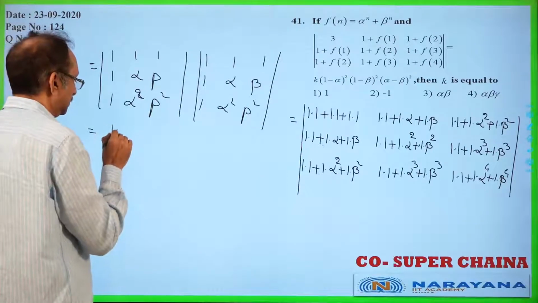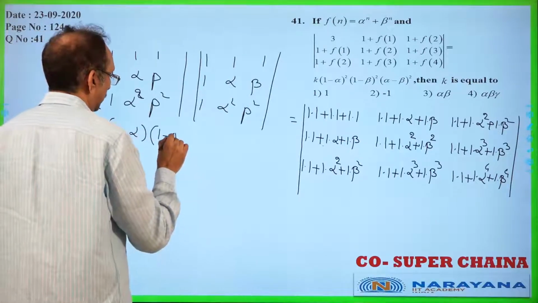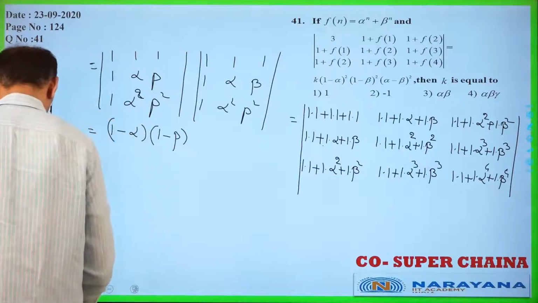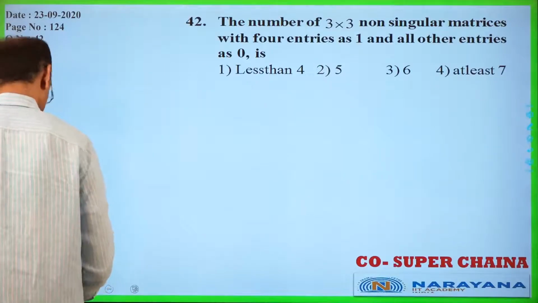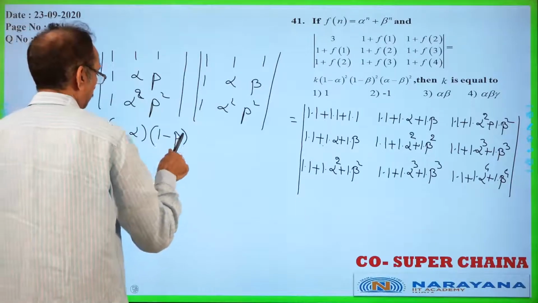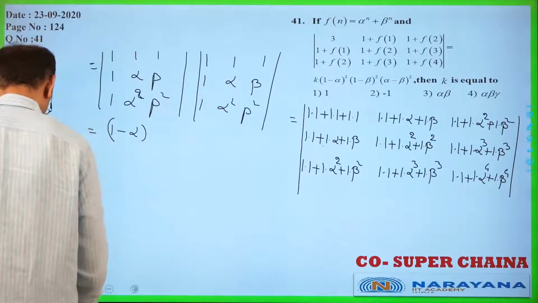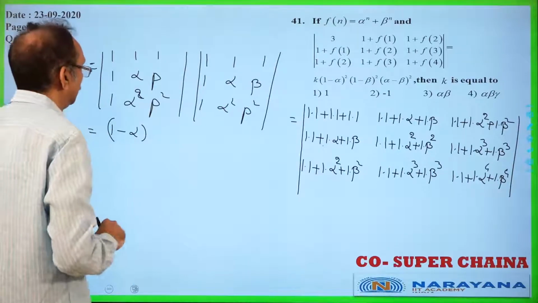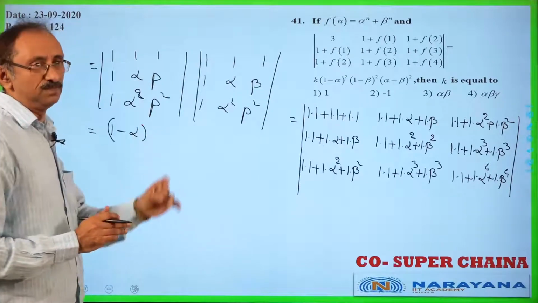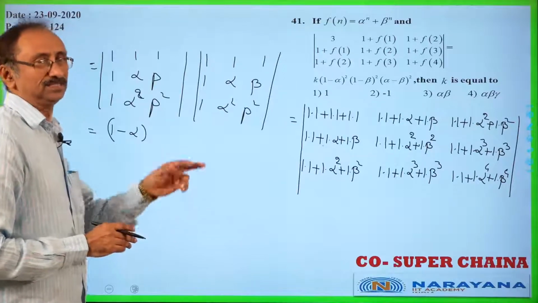What is this result? 1 minus alpha into 1 minus beta. Already we know the determinant with rows 1 a a square, 1 b b square and 1 c c square is a minus b into b minus c into c minus a.